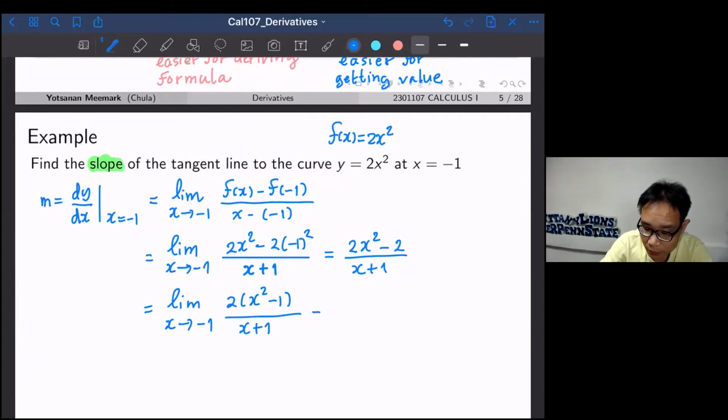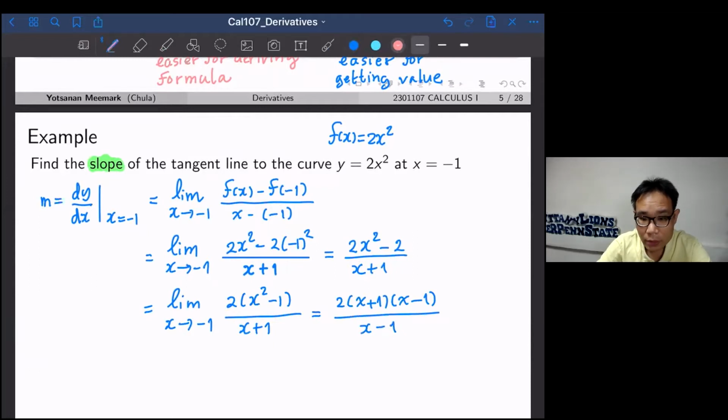And this becomes 2(x plus 1)(x minus 1) over x plus 1. And you're going to cancel x plus 1 on top and x plus 1 on the bottom.